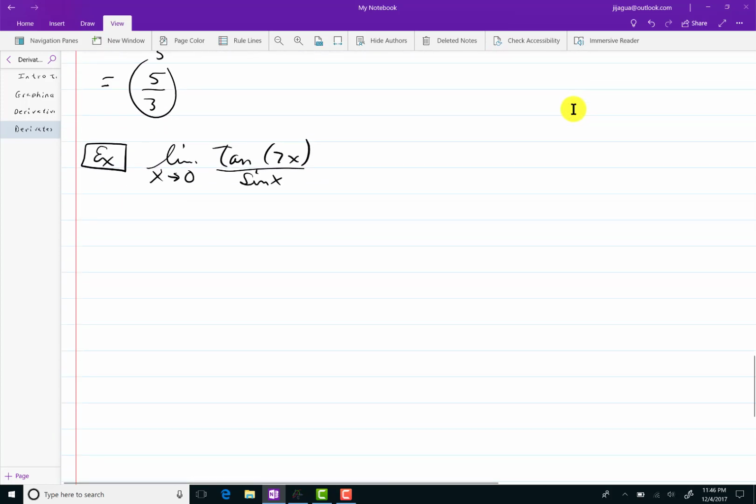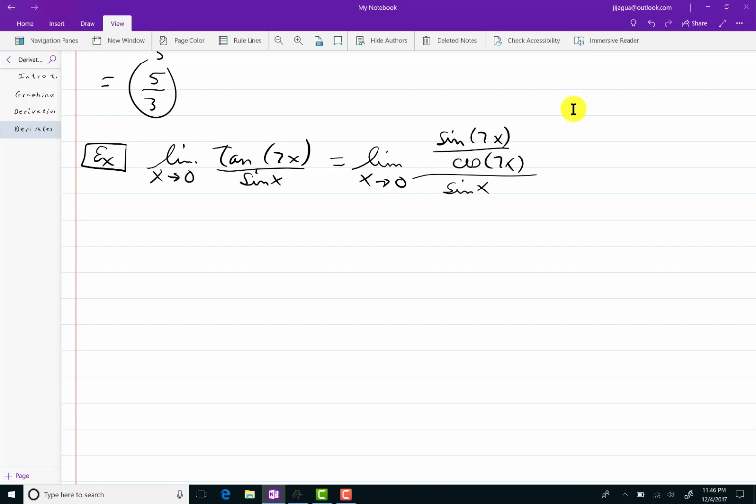Whenever you're dealing with tangent, since my limits are in terms of sine and cosine, I might as well rewrite this as the limit as x goes to 0. Tangent is going to be sine of 7x divided by cosine of 7x, and all of that is divided by sine of x.